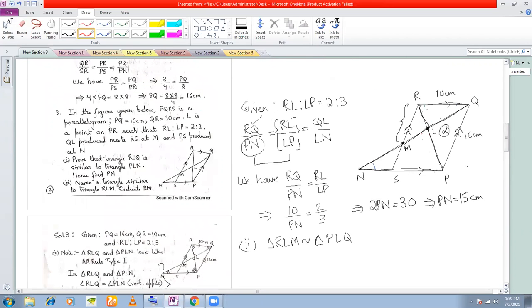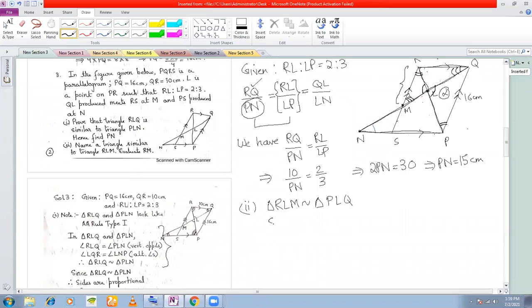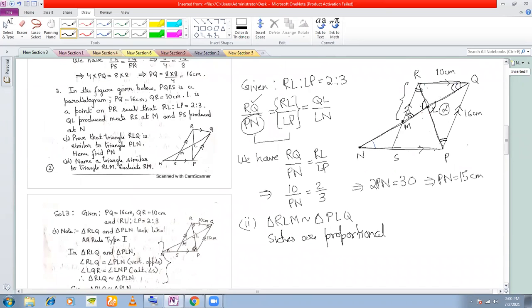If you want to prove that these two are similar, see that these two angles are equal, and these two angles are equal. So we write the proportional sides. Sides are proportional. What sides? Opposite to this angle is the side RM.